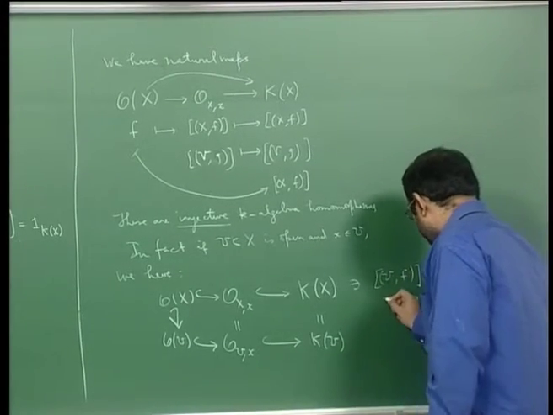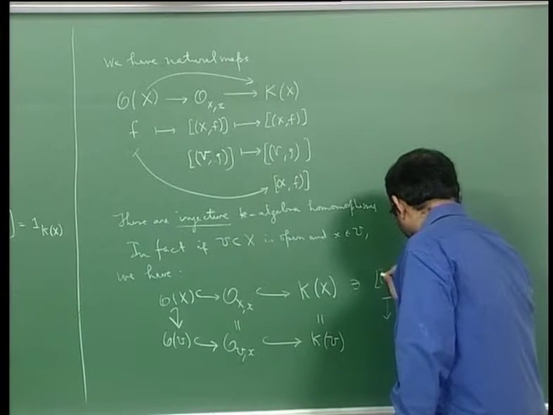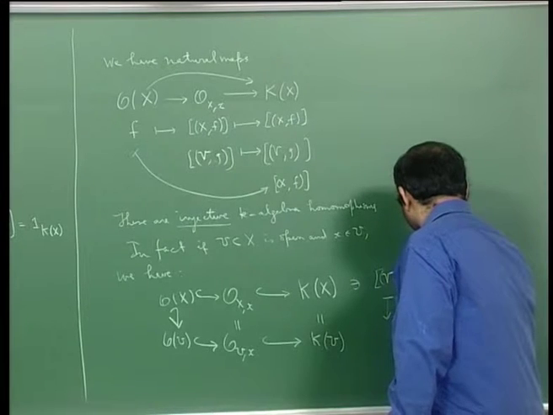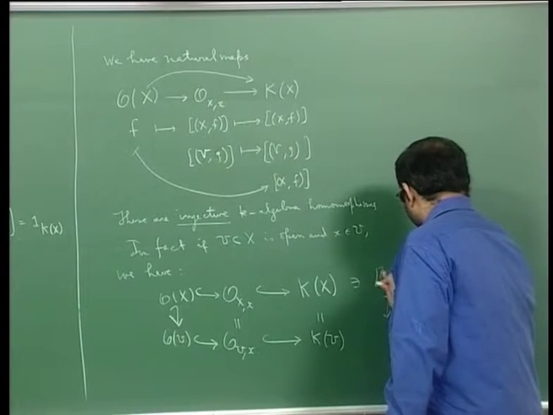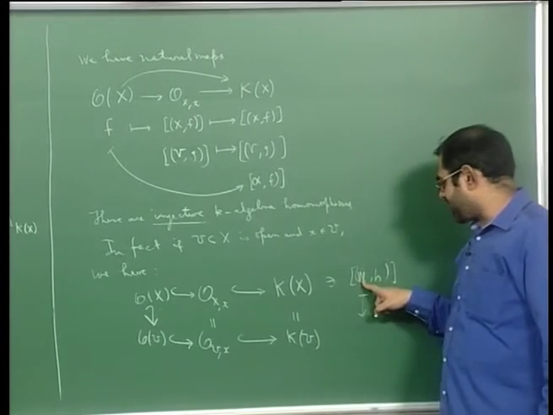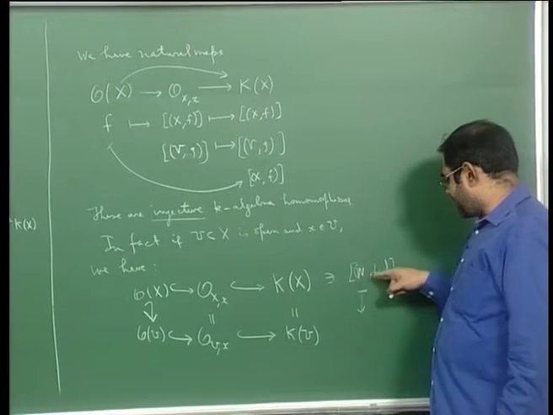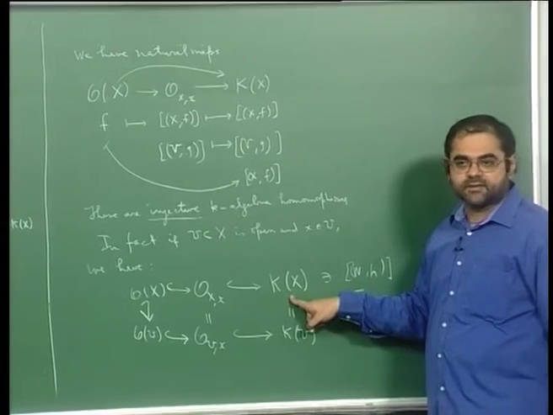I should not use the same U, let me use (V, g), or even better let me use (W, h). W is an open subset of X, h is a regular function on W, then I have this pair (W, h) and its equivalence class is the rational function here, okay.